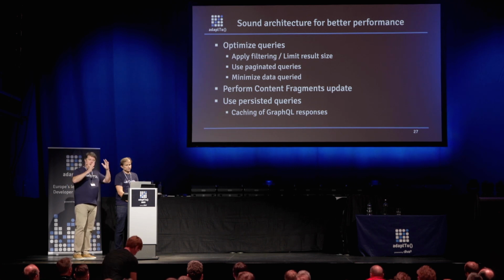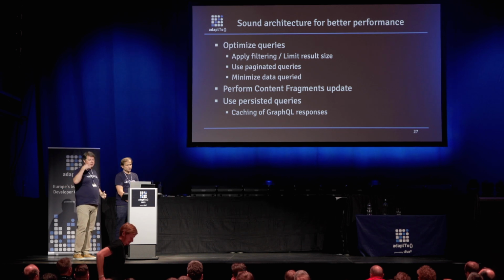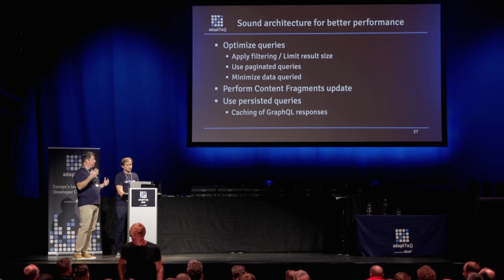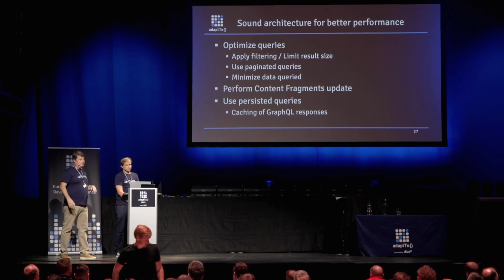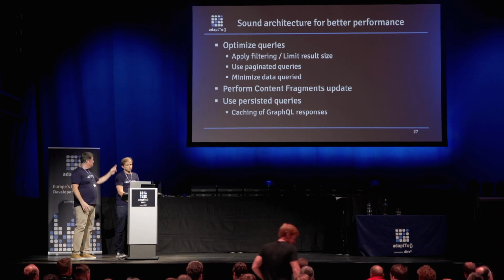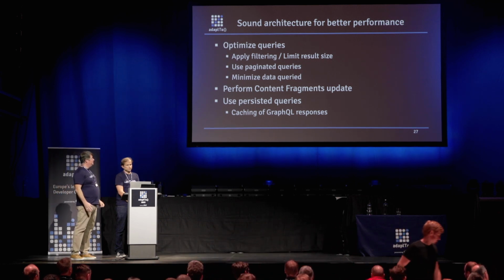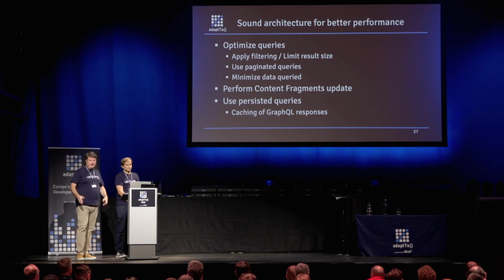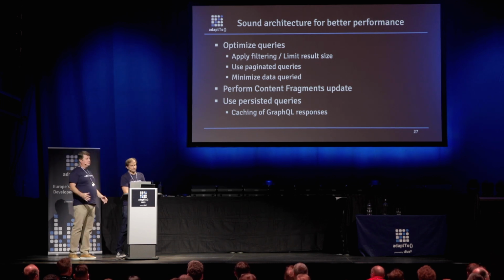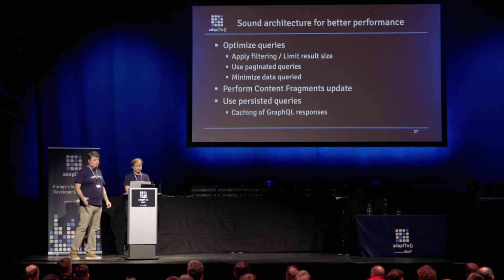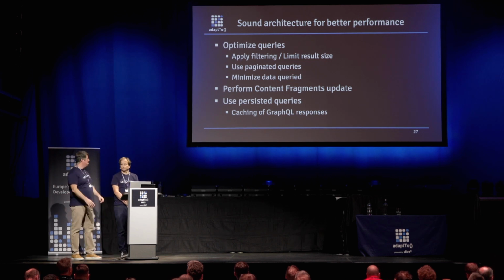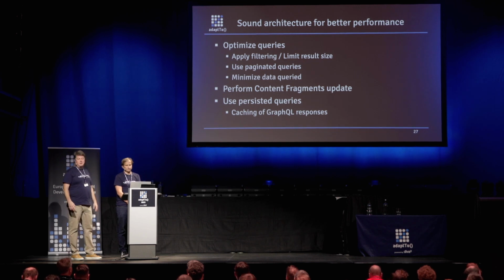Because with GraphQL, you can have a lot of nesting levels, and each nesting level adds to the processing time. An important thing is also to perform the content fragment update. We encourage you to do that, to benefit from the latest improvements we introduced recently. And of course, persistent queries, it's a must, very good for you.